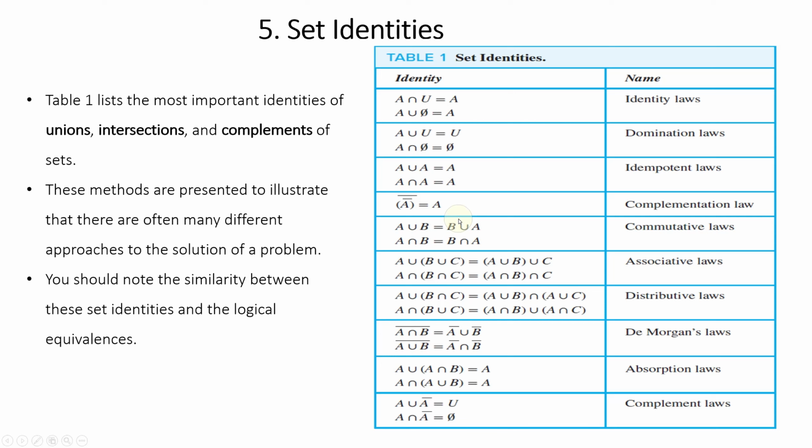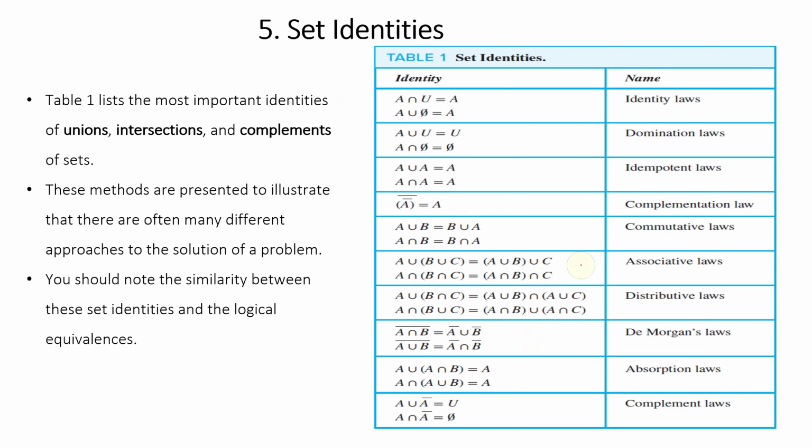Okay, we have some set identities, which are very similar to the rules that we have seen in the previous chapter with the propositions and the propositional logic. If you have any set and you do the intersection of that set with the universal set, basically it's just the set itself.